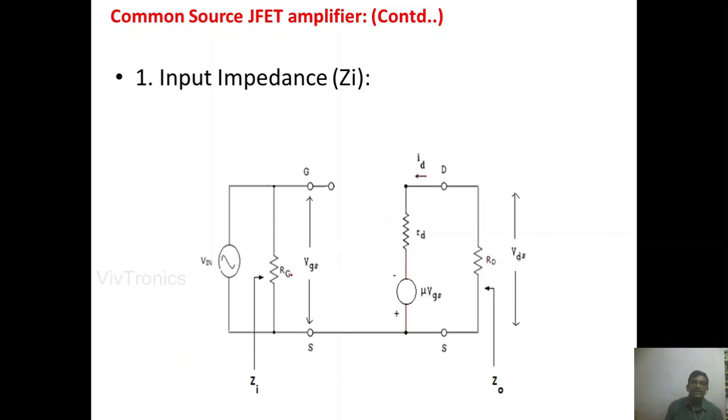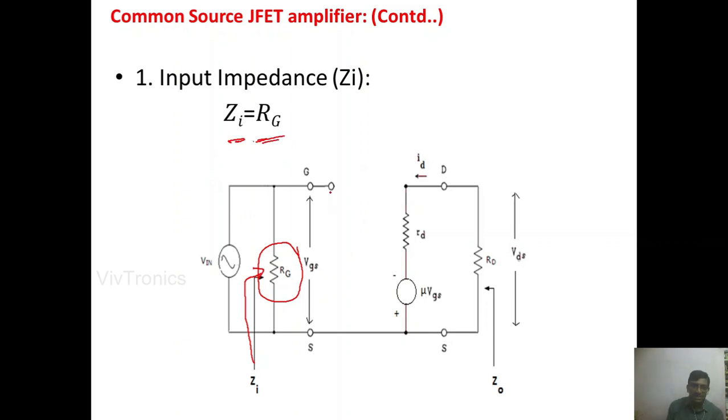Input impedance is the ratio of input voltage to input current. The input resistance is the resistance seen from the input side of the JFET. If you see from the input side of the JFET, we have only one resistor, that is RG. Therefore, the input impedance will be equal to RG.